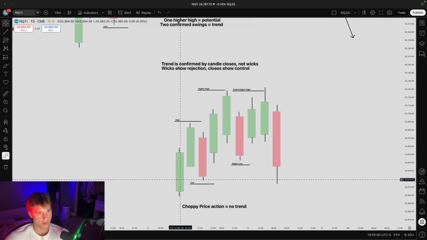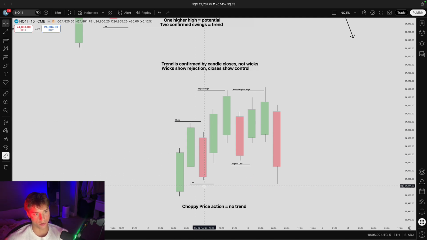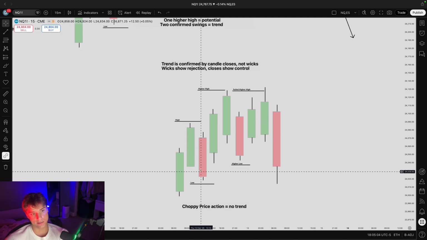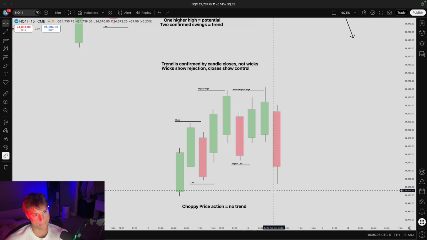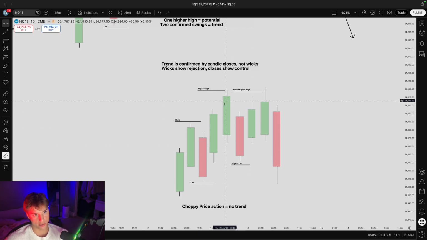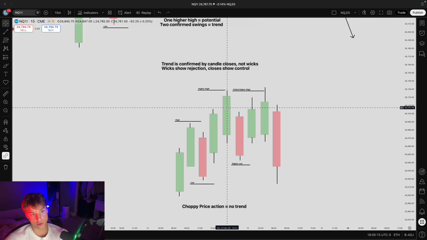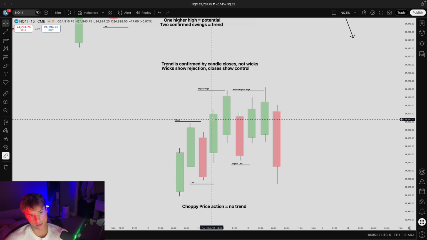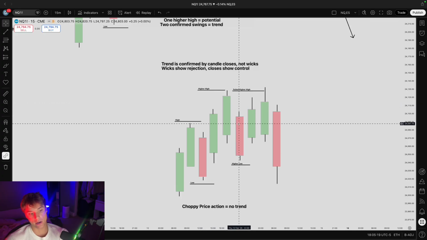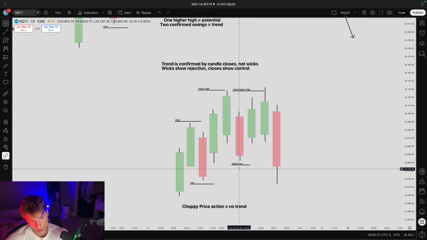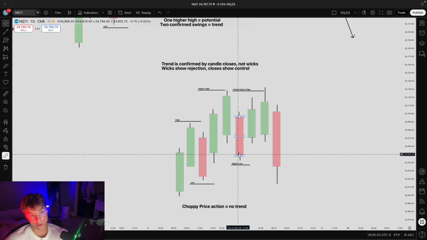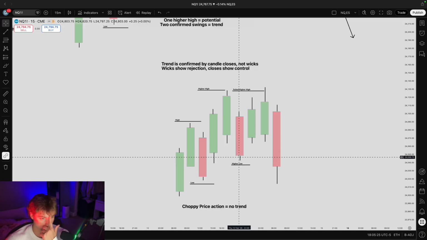So we have our original high and our original low. What else can we see here? I'll give you a second. Yeah. So right here, we're going to have the secondary higher high because candle 2 is higher than 1 and 3. And then a secondary higher low because candle 2 is lower than candle 1 and 3.